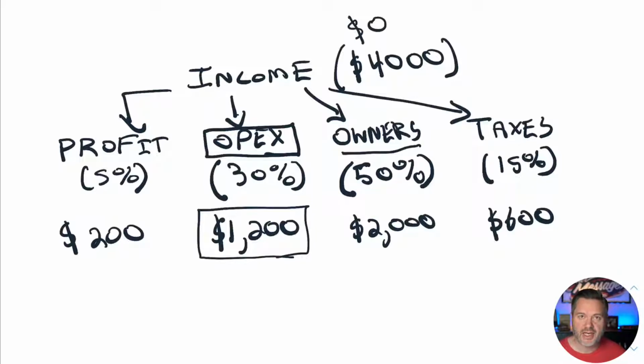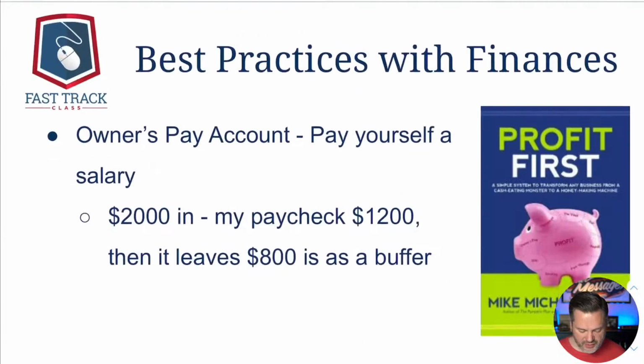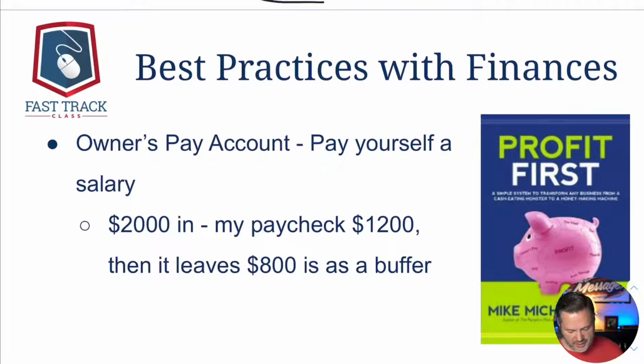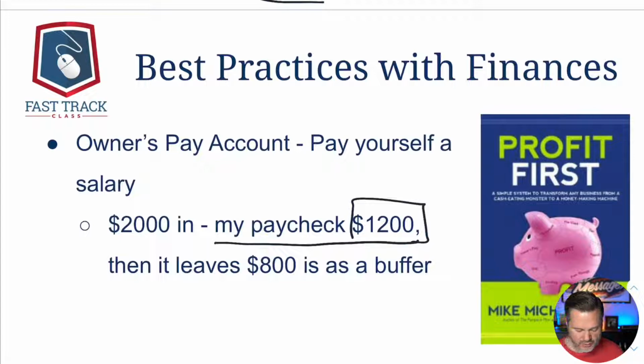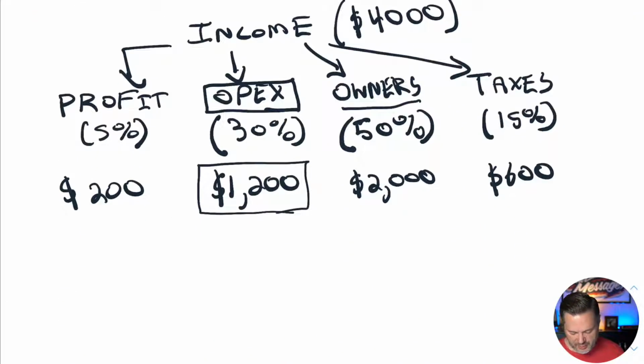The owner's pay, let's say I decide my paycheck every month is $1,200. Then I would pay myself $1,200 out of this, and that leaves $800 in the owner's pay.